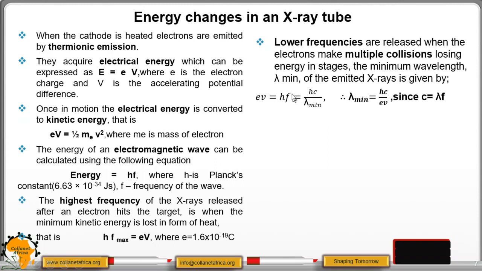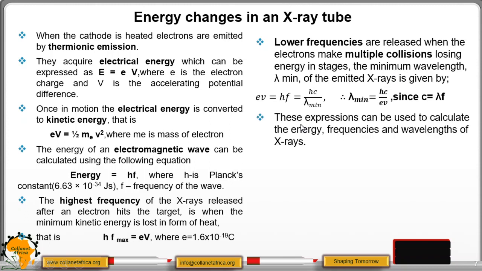We have just replaced f, which implies that if we make lambda minimum the subject of the formula, we get that it is hc over eV. So that way you are able to get the wavelength of the X-ray produced. Now this expression that we have seen here can be used to calculate the energy, the frequencies, and the wavelength of the X-rays.